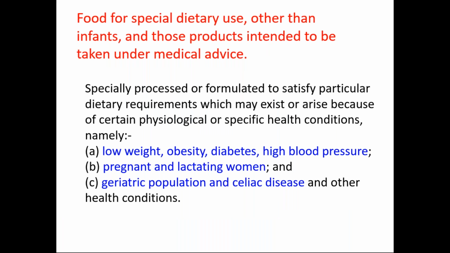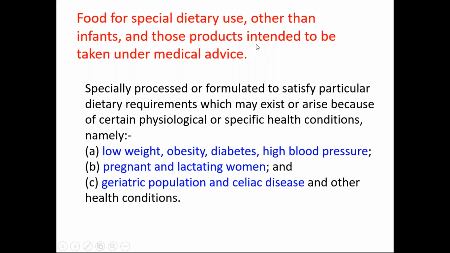So foods for special dietary use other than infants also have been defined. These include foods for low weight, obesity, diabetes, and high blood pressure. They also include those for pregnant and lactating women and the geriatric population and celiac disease. But these foods, as defined, can only be taken under medical advice.